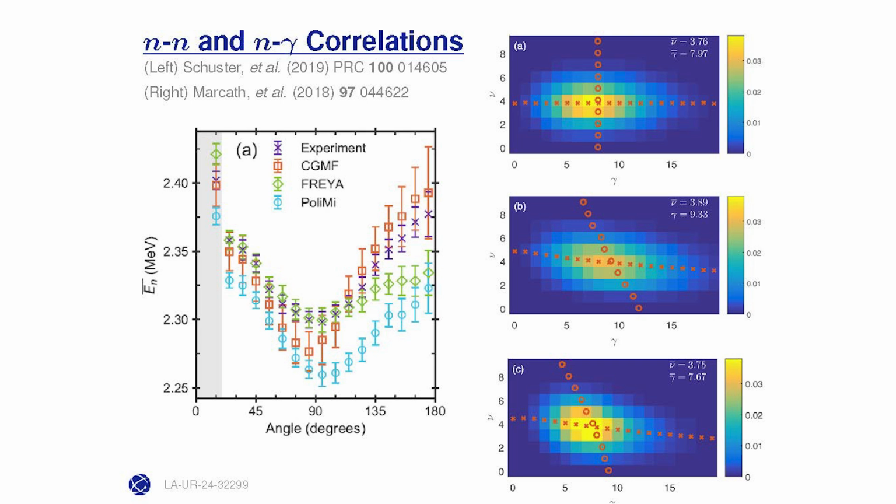But the neutrons are boosted in the direction of the fission fragments, so you expect neutrons to be in opposing directions or in the same direction predominantly. So this 90-degree region we expect to be relatively low in terms of relative probability, and it is. And over here, these are correlations of the neutron number and the gamma number for MCNP-PoliMi calculations, CGMF, and FREYA. You can see these different anti-correlation patterns, again pointing towards the competition for particle emission to get rid of this excess excitation energy in the nucleus to get it back down to its happy ground state.